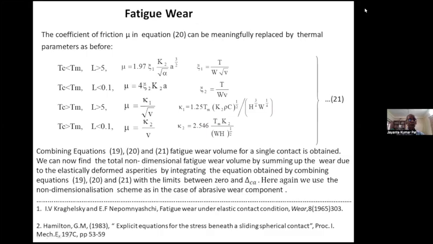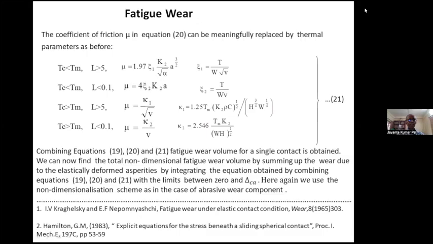Similarly, 3 more equations are given for different contact temperature and speed. For example, if the contact temperature is less than the melting point and Peclet number less than 0.1, we have two more expressions.